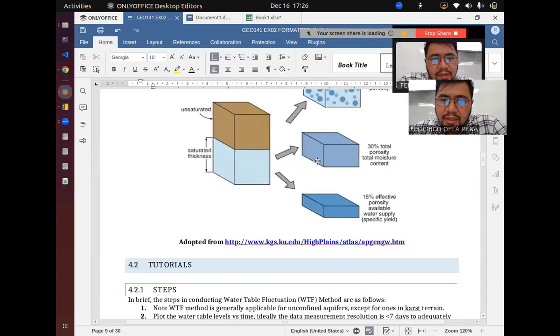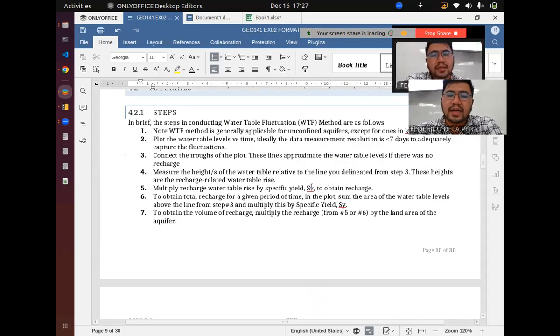Now you can also notice that these two elements, the specific yield and the specific retention, together form your pore water, the water that's inside the pores of your aquifer. But once you start draining the aquifer, some of it will be given up by the aquifer, and some of it will stay in the pores.